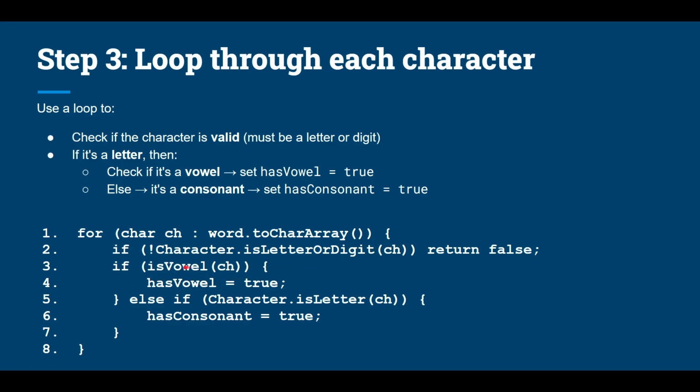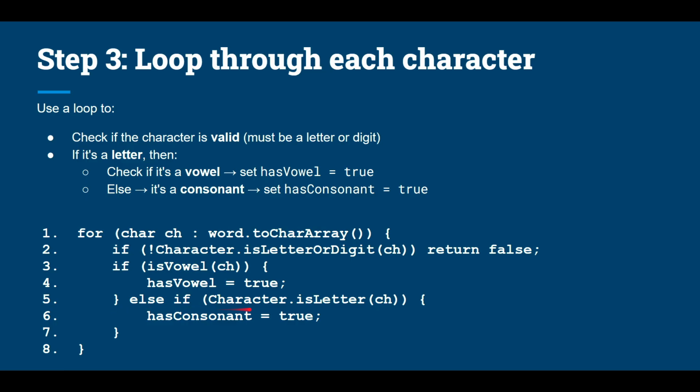We'll check this character: if it is a letter, we ask whether it is a vowel. If it is a vowel, we mark the variable hasVowel that we defined previously as true.